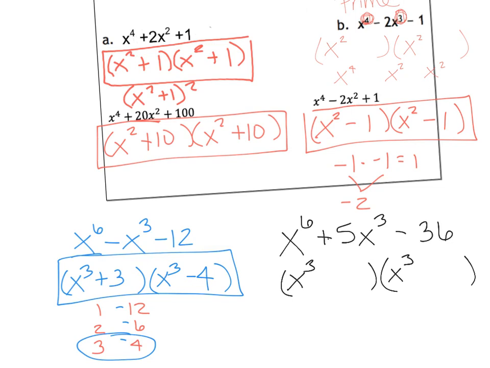And then we're going to multiply to a negative 36 and add up to a positive 5. So I know that my bigger number is going to be the positive one because my b term is positive. So that will leave me with a positive 9 and a negative 4. So we have x to the third plus 9 times x to the third minus 4.